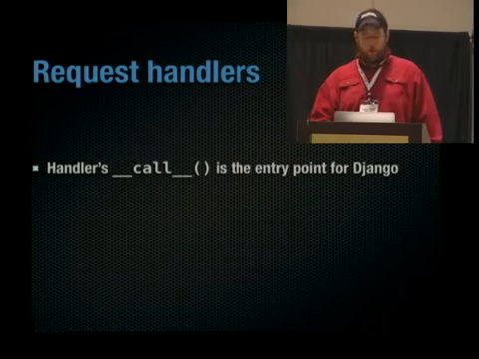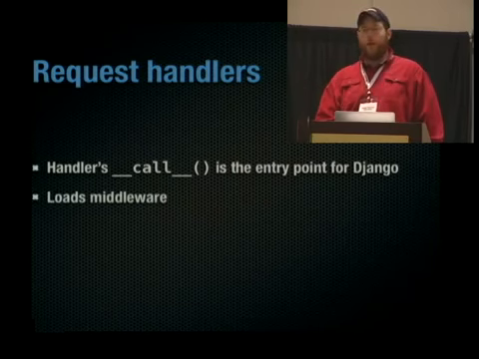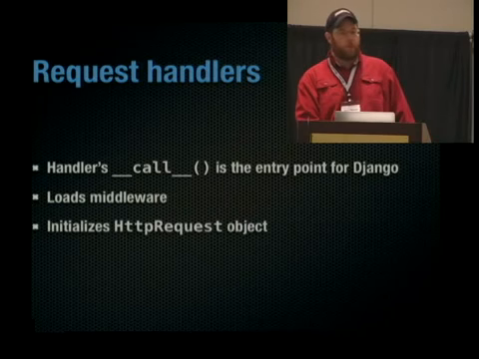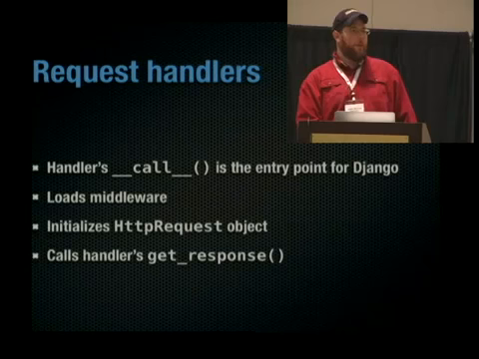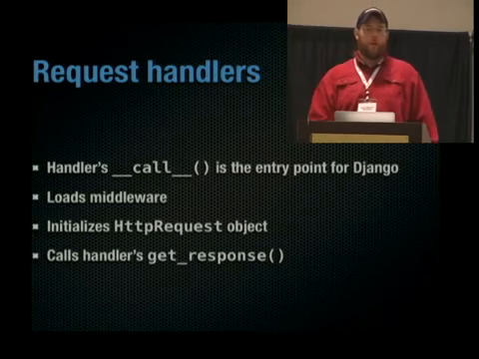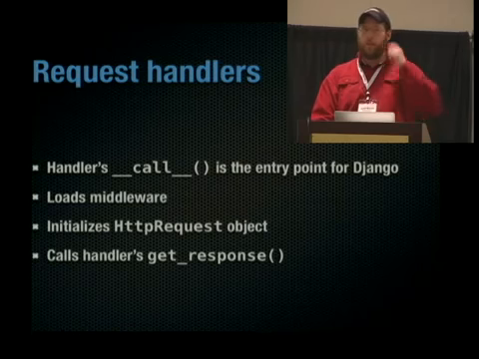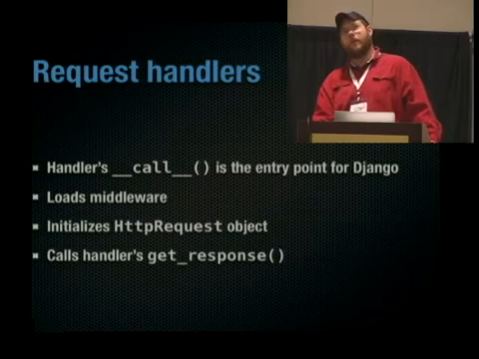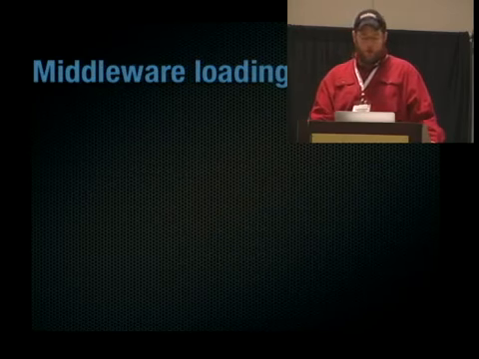This is where Django starts. That method loads the middleware, initializes an HTTP request object, and then calls the getResponse method of the handler. GetResponse is what the handler subclasses usually override. I think ModPython overrides it, but WSGI doesn't, or the other way around.